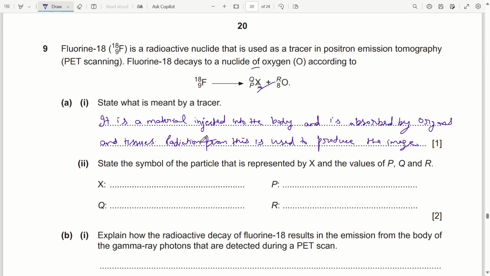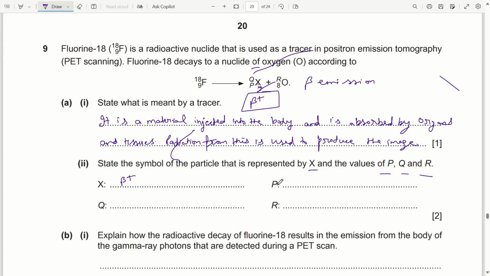Now the second question: state the symbol of the particle that is represented by X with P, Q, R. We know that fluorine decays by beta emission. And what type of beta particle is it? This is a positive beta particle, beta plus particle. So here it will be beta positive.